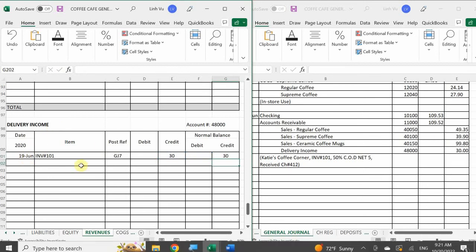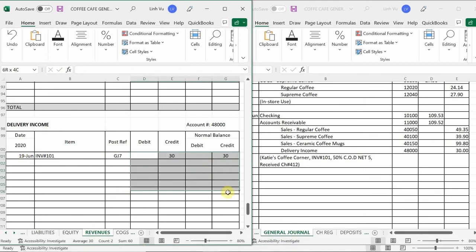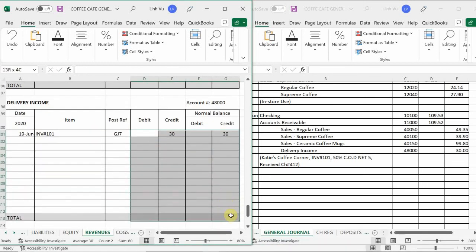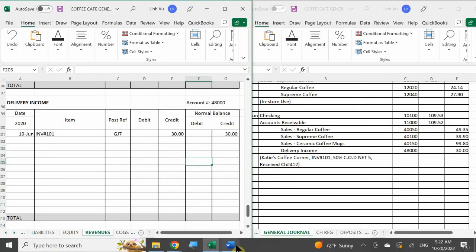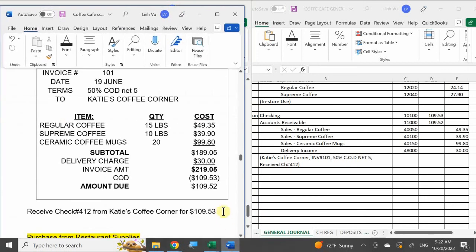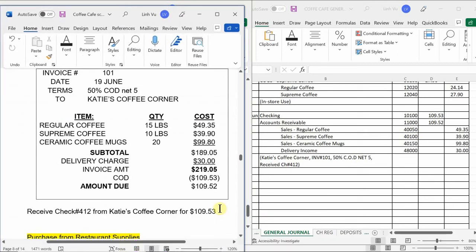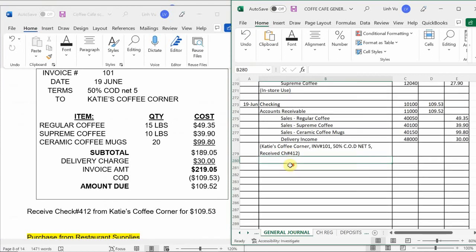Okay, $30. So we did the subsidiary ledger. We did everything. We're done with the sales section here. Now what else do I need to put in here?